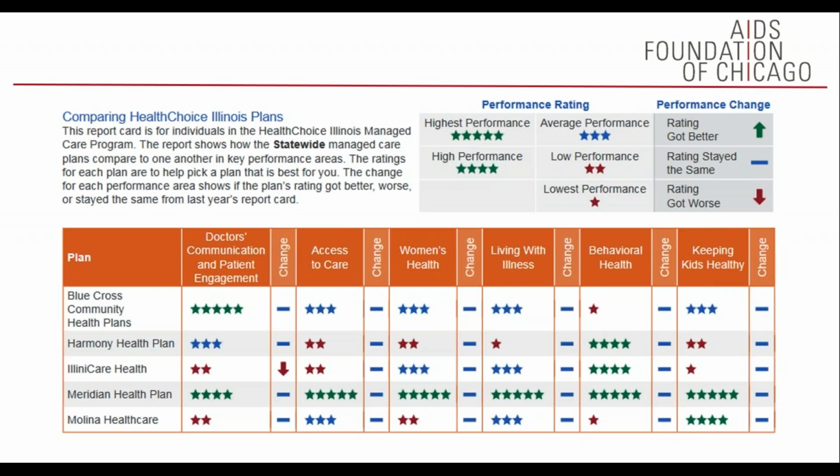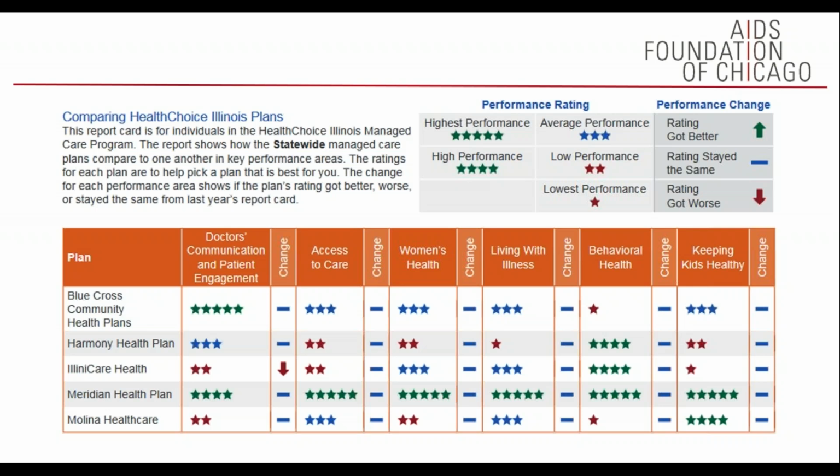But like we said, the focus of this webinar is on that 6th provision, which created the Medicaid MCO report card. And what you're seeing in front of you, and what we'll walk through the rest of the webinar, are parts of the report card.